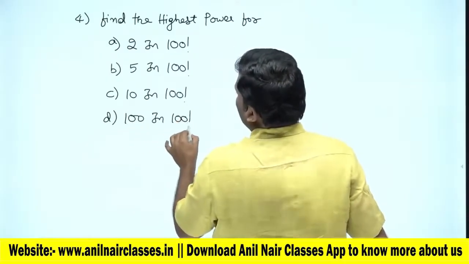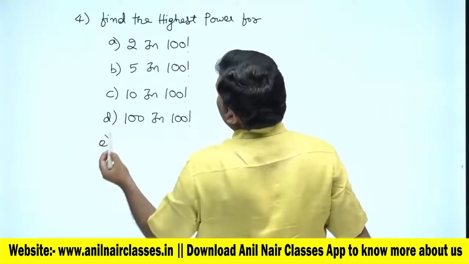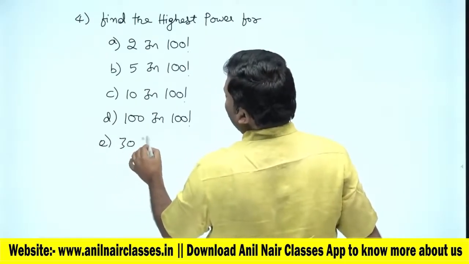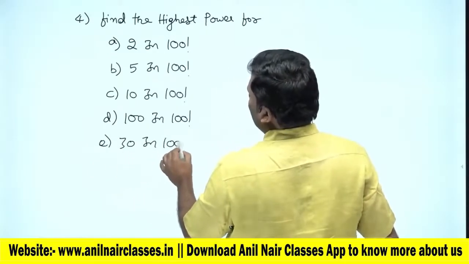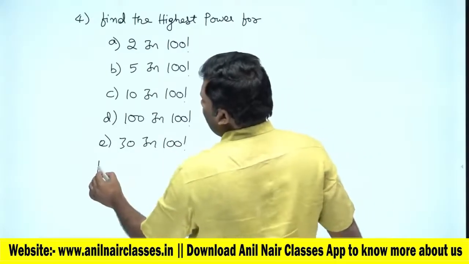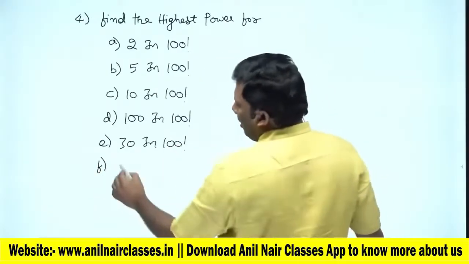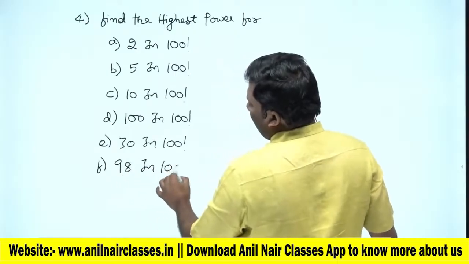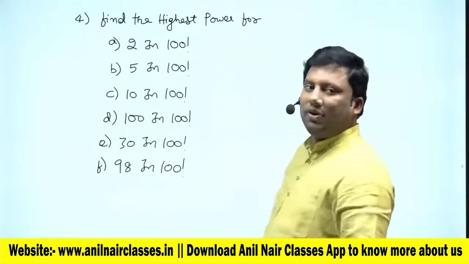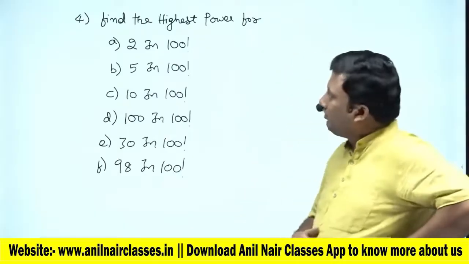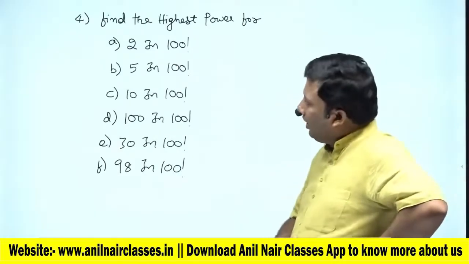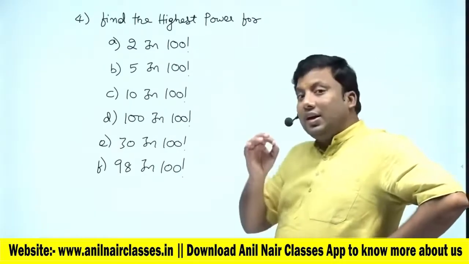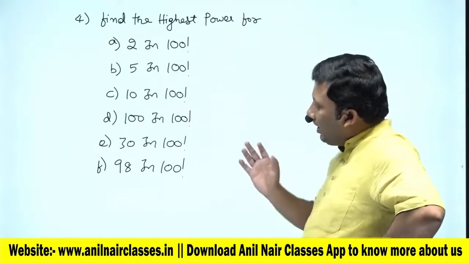Fifth question, 1300 factorial. Next one, 98 in 100 factorial. A recap of all the fundamentals we will do. Find the highest powers for 2 in 100 factorial, 5 in 100 factorial, 10 in 100 factorial, 100 in 100 factorial.